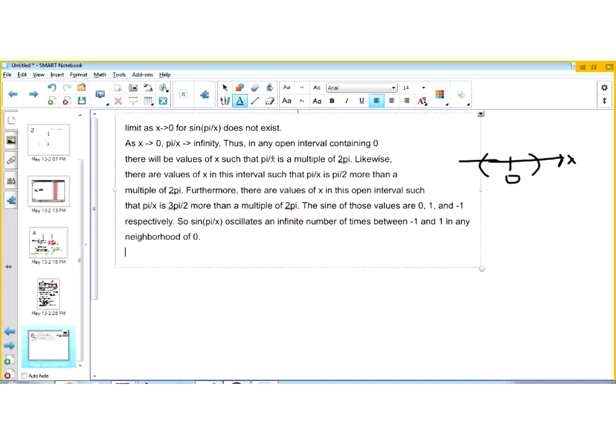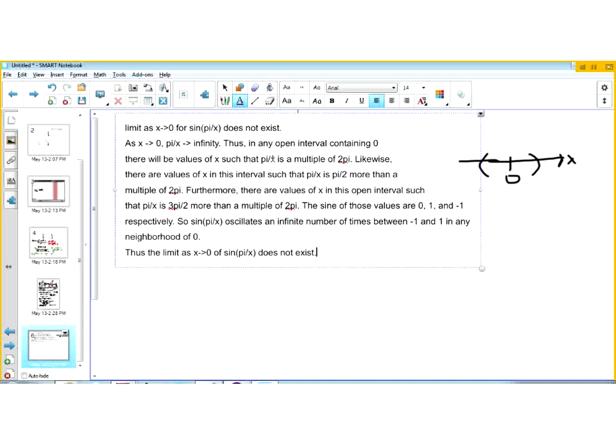Okay, so the conclusion is, thus, the limit as x approaches 0 of sine pi over x does not exist, because we can't corral the value. All right. Okay, so an interesting structure there.